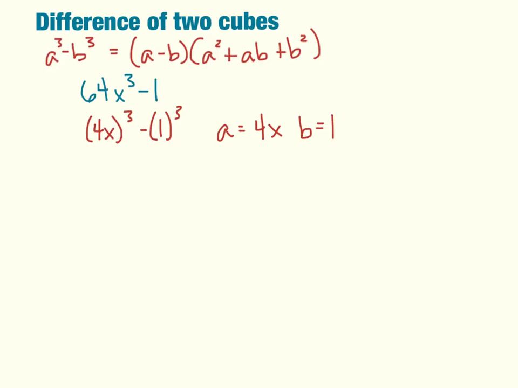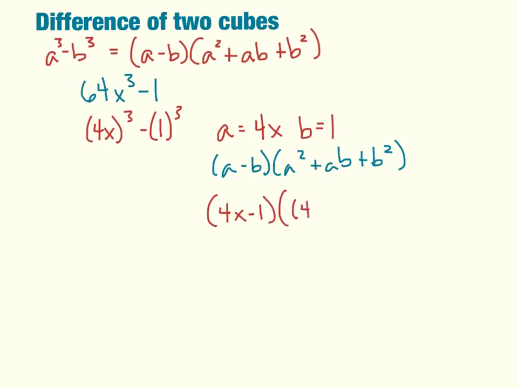I'm going to plug them into the a minus b times a squared plus ab plus b squared, remembering that all of a gets squared and all of b gets squared. So I have 4x minus 1 times 4x squared plus 4x times 1 plus 1 squared.